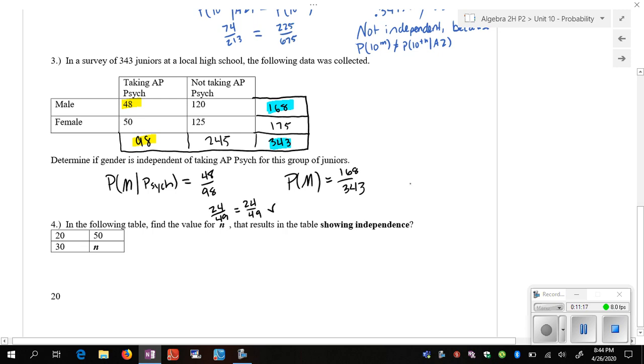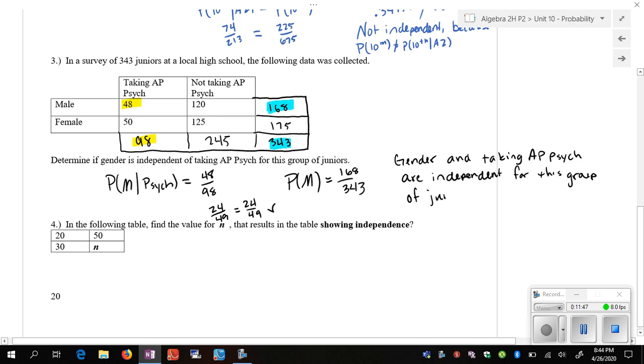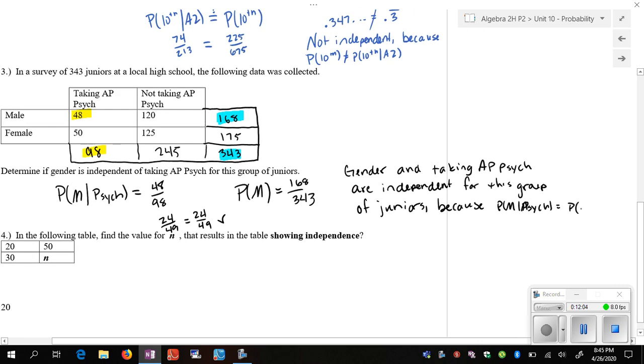And so that means that gender and taking AP Psych are independent for this group of juniors, because the probability that a student is male given they take AP Psych equals the probability that a student is male.